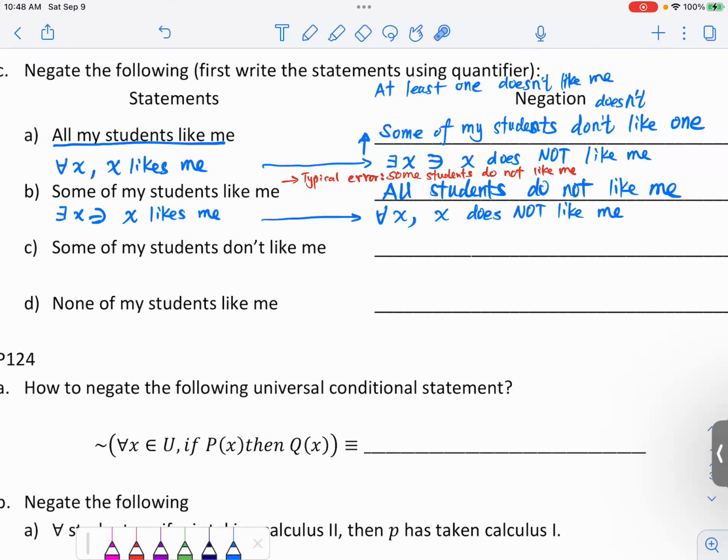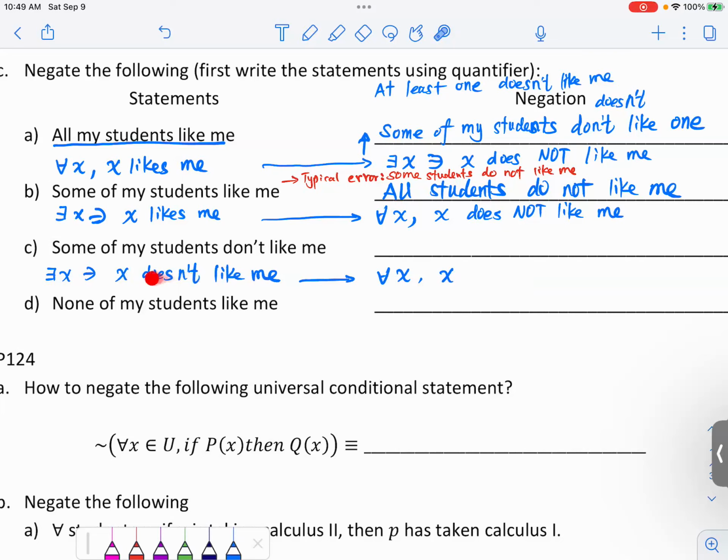Now let's move on to C. Some of my students don't like me. Some means there exists x such that x does not like me. That's the symbolic form of this statement, and we are going to find the negation. It will be for all x, and you have to negate the predicate: x likes me.